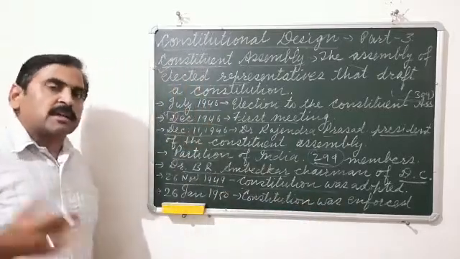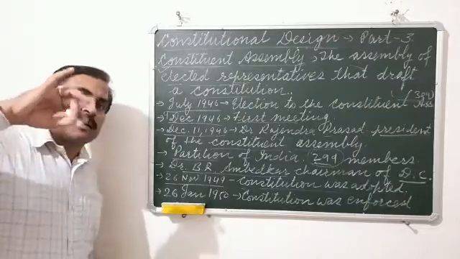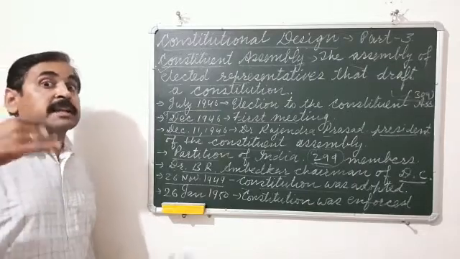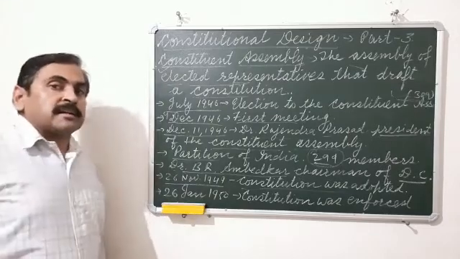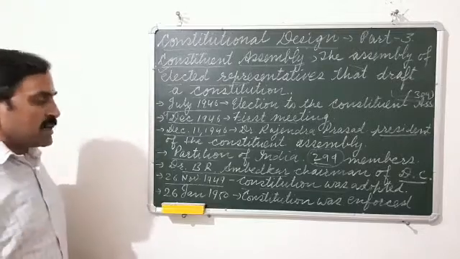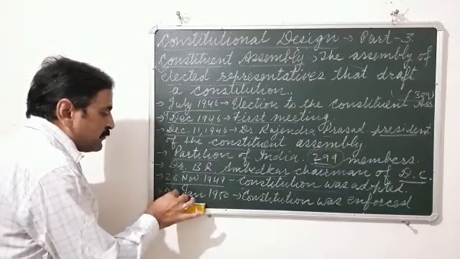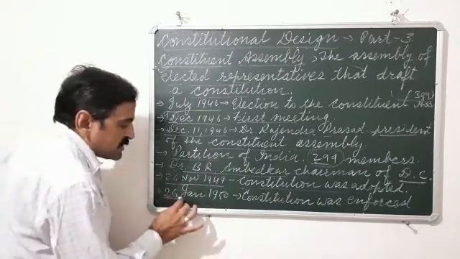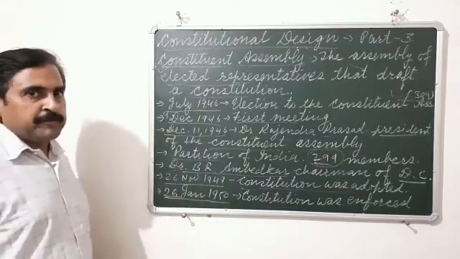The reason was that in the year 1930 it was decided that they would celebrate 26 January as Independence Day, and to commemorate this, they decided to enforce the Constitution of India on 26 January 1950.